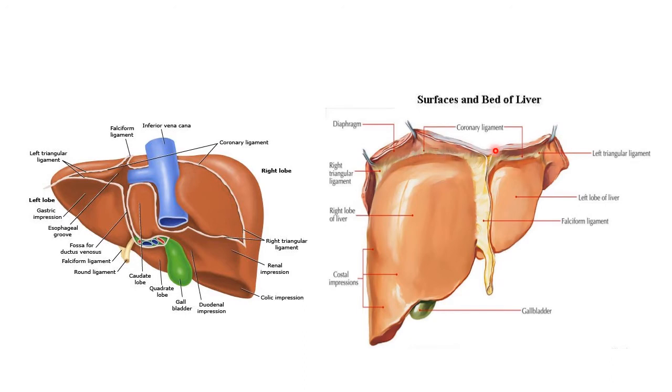Now this is the diaphragm, and this is the lower surface of the diaphragm, and this is where the coronary ligament is found. It's a peritoneal fold connecting the visceral peritoneum on the surface of the liver with the parietal peritoneum on the lower surface of the diaphragm, and that's the coronary ligament.